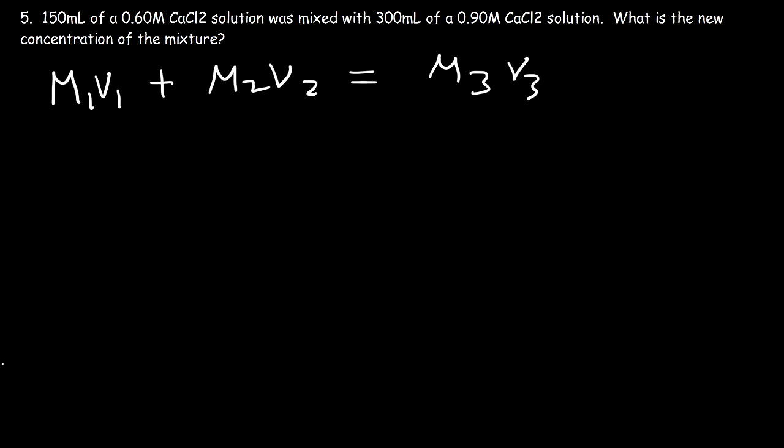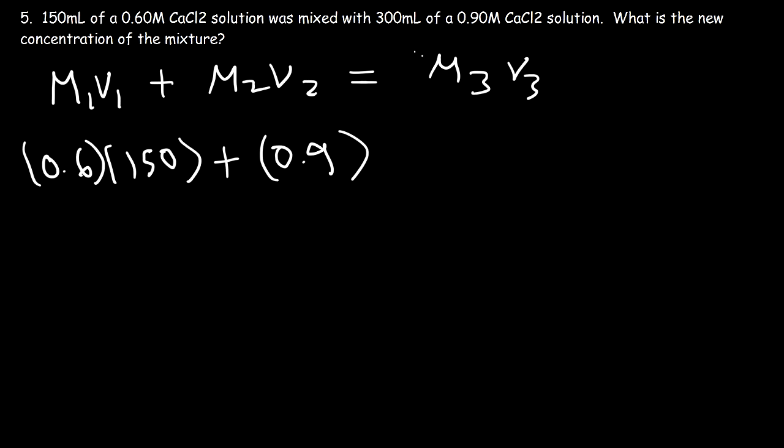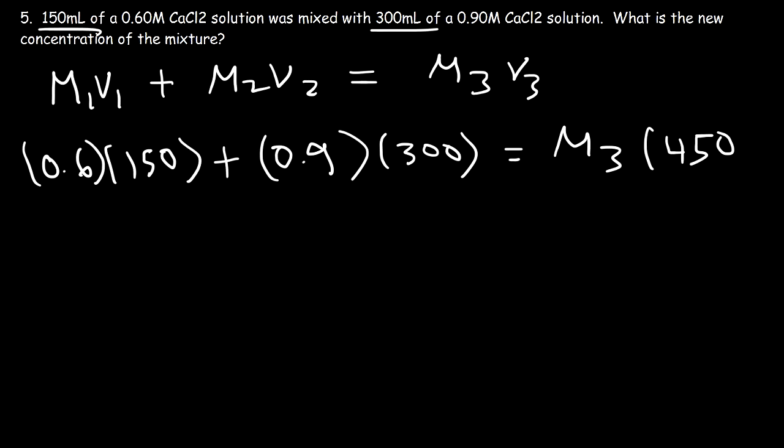Now let's finish this problem. M1 is 0.6. V1 is 150. Now for the second solution, M2 is 0.9 and V2 is 300. V3 is the sum of 150 and 300, which is 450. 0.6 times 150, that's 90.